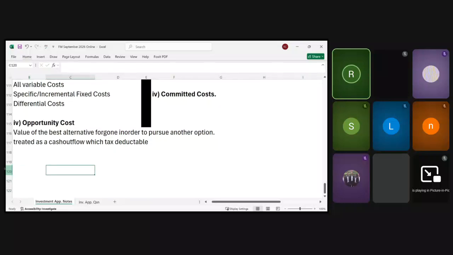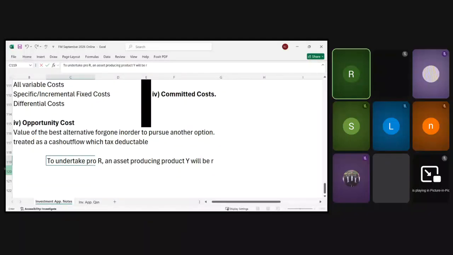Let me give an example here so that we understand. To undertake project ARA, a machine or any asset producing product Y will be required.